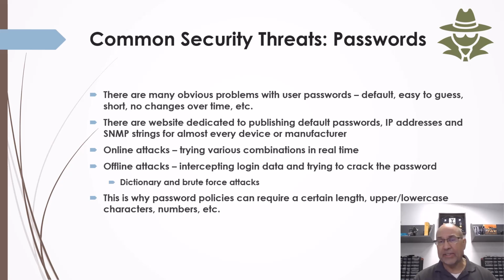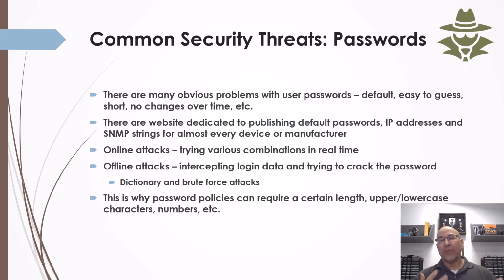Now, offline attacks are where we've observed the login conversation, right? We've observed somebody trying to get access, and they've logged in. And so I've got an encrypted version of their username, maybe an encrypted version of their password. And I'm now going to try and break the password. And what do I do?